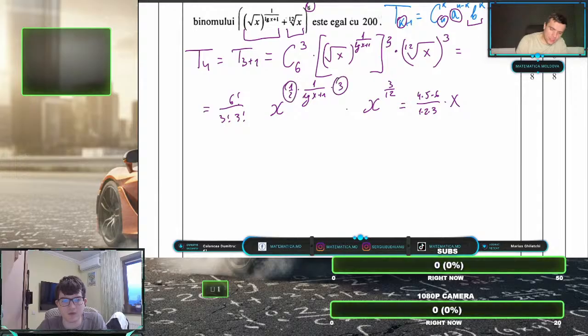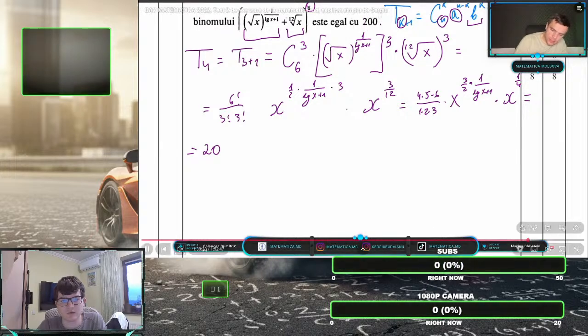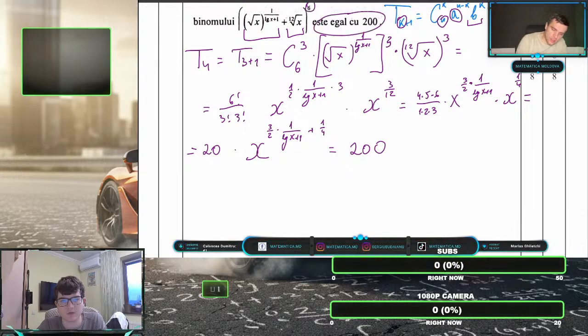That'll be 3 divided by 2 times that, and that just stays like this. We just need to work with powers of x and move on. That is 20, that is this, so that's equal to 200.